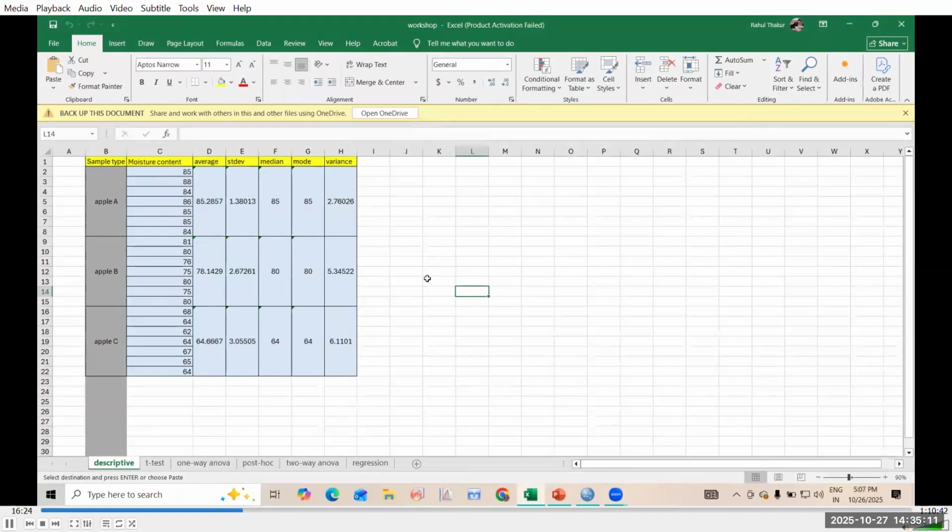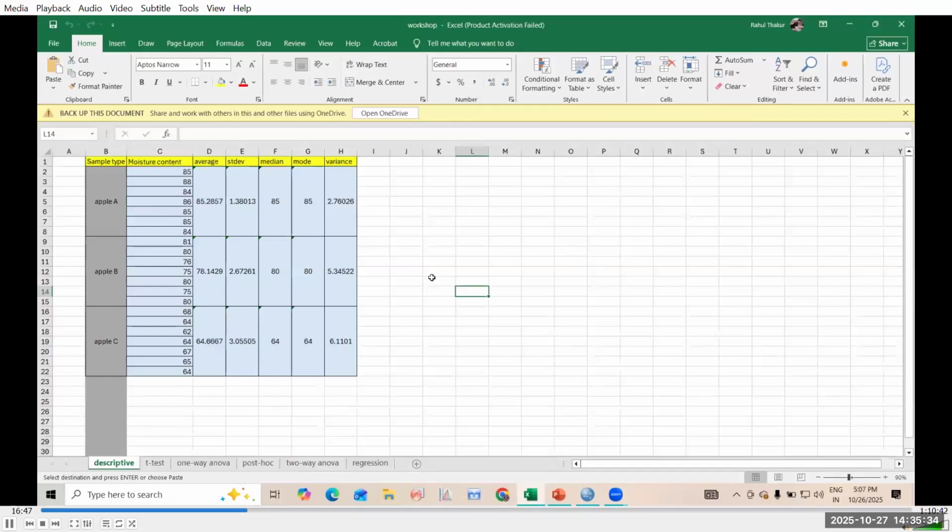So instead of writing apple A, apple B, apple C, we represent them as 1, 2, and 3. The apple variety number will be entered in one column as the independent variable, and the moisture content will be entered into another column as the dependent variable.